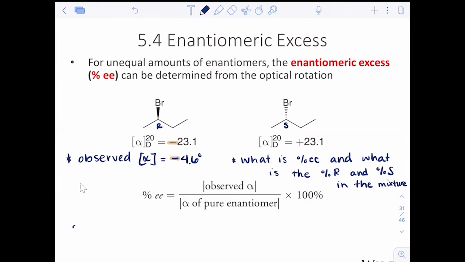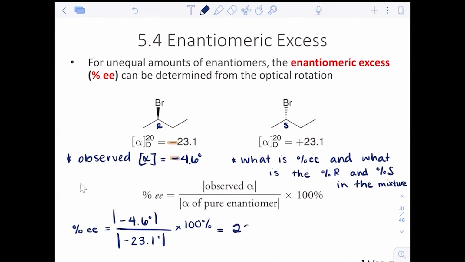Excellent. So when we're looking at this percent EE, we're going to take the absolute value, but I want to make sure that we're looking at that and saying, okay, the absolute value divided by the absolute value of the pure enantiomer, what can we say about this times 100%?